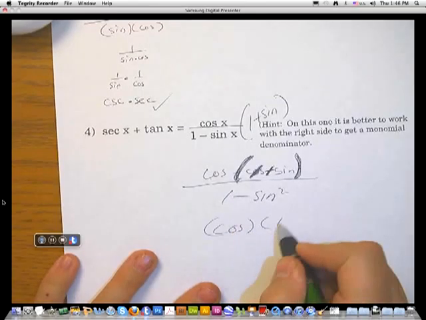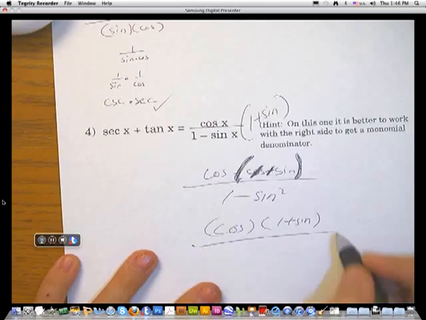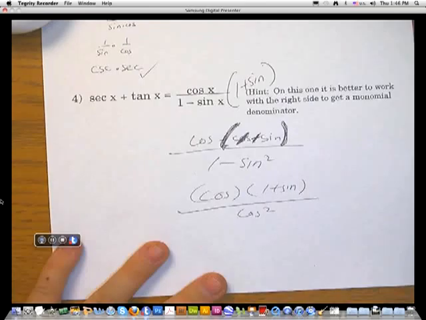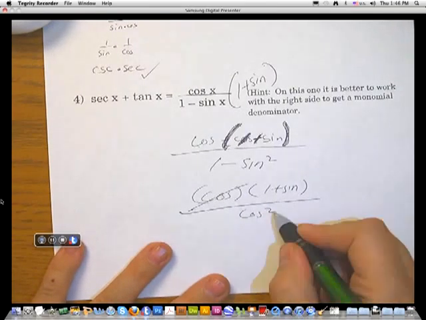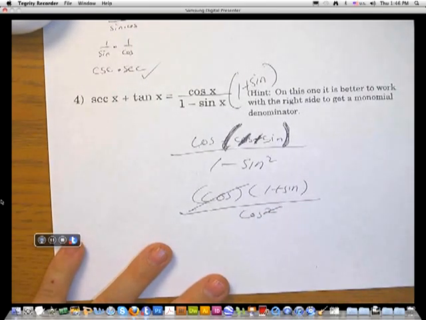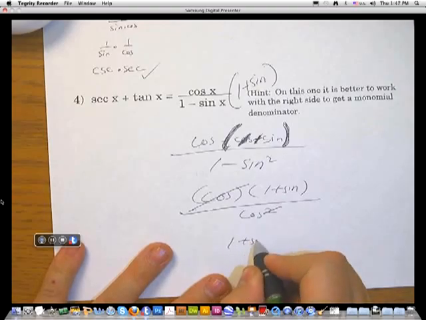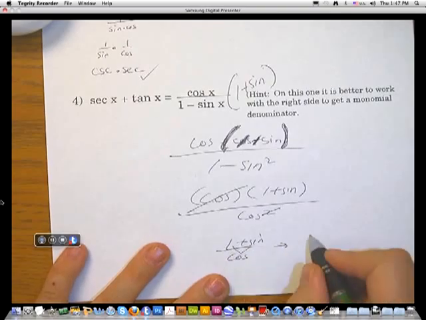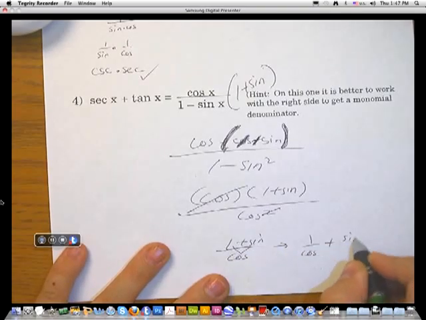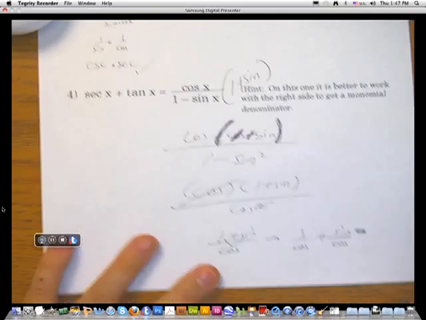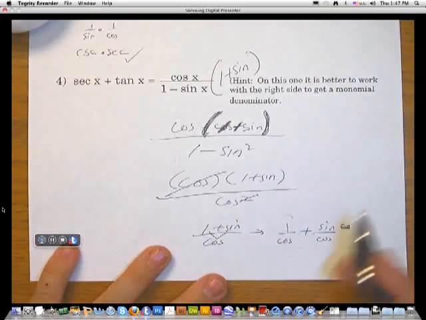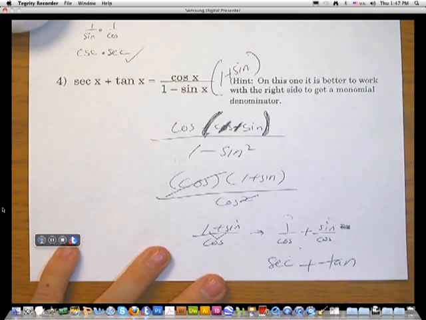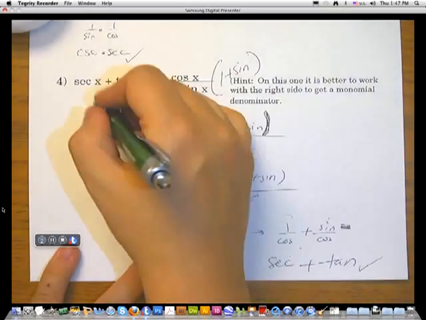So I have cosine on top and 1 plus sine on top. 1 minus sine squared is cosine squared. I have a cosine on top, so I can reduce one of the cosines on the bottom. So now I have 1 plus sine over cosine. I can split that apart for 1 over cosine plus sine over cosine. 1 over cosine is secant. Sine over cosine is tangent. Check, check.